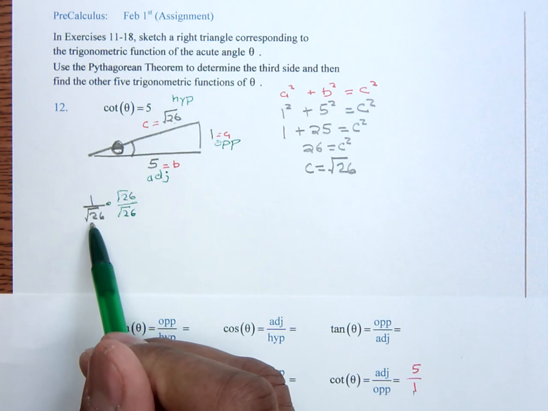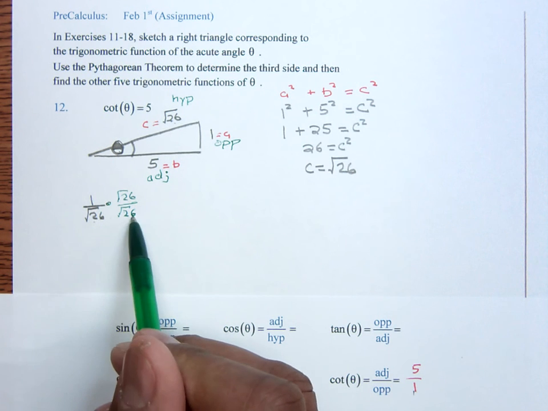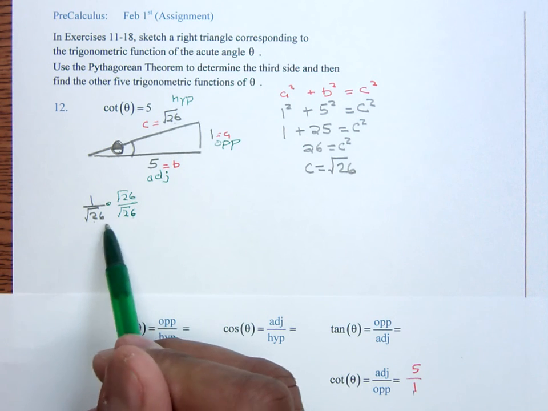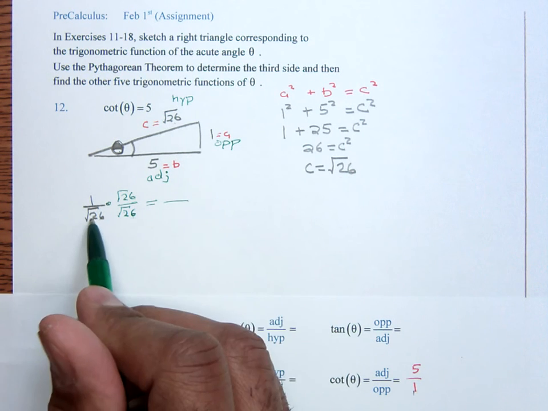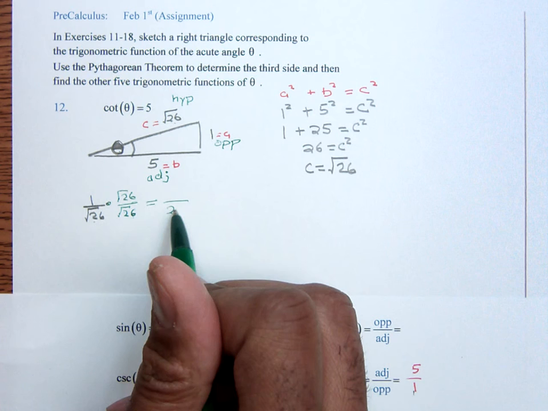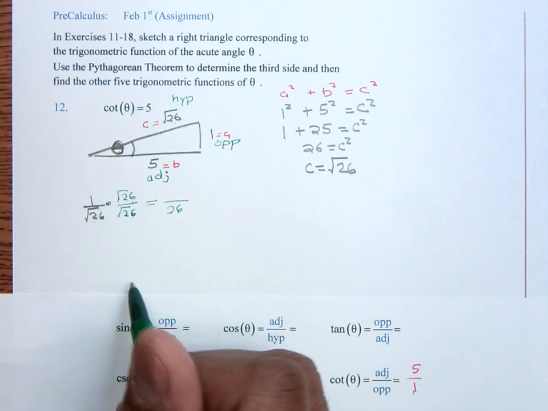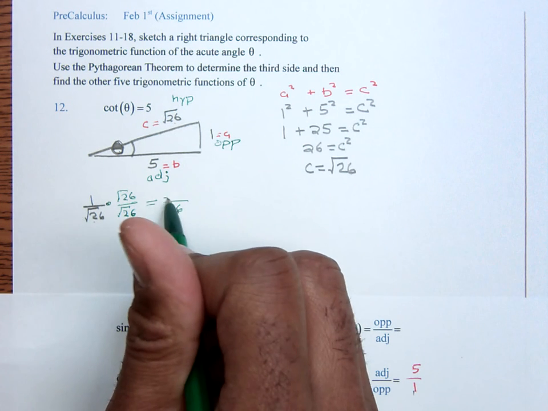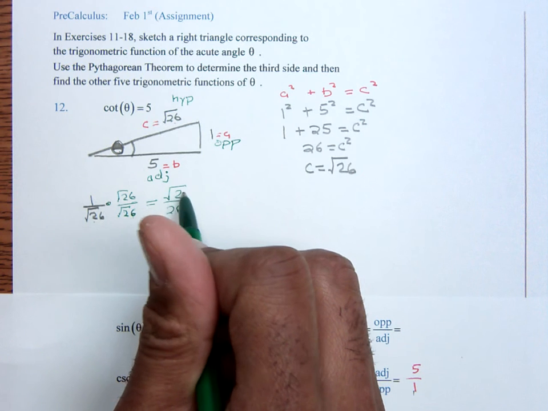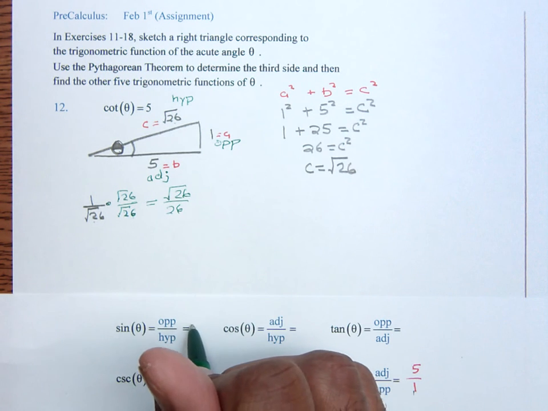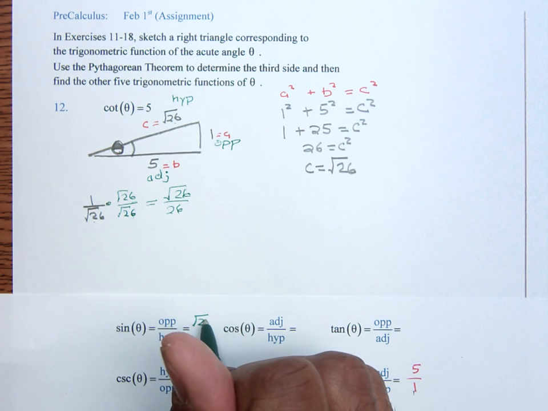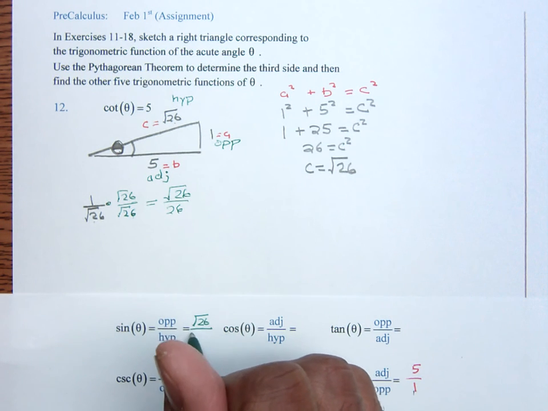So when I multiply a fraction or any other thing by 1, I'm going to get the same thing. It'll just look different. It'll be simplified and the denominator will be rationalized. In fact, our denominator will be 26. Radical 26 times radical 26 gives us 26. And our numerator will be radical 26. So for the sine, we're going to put radical 26 over 26.